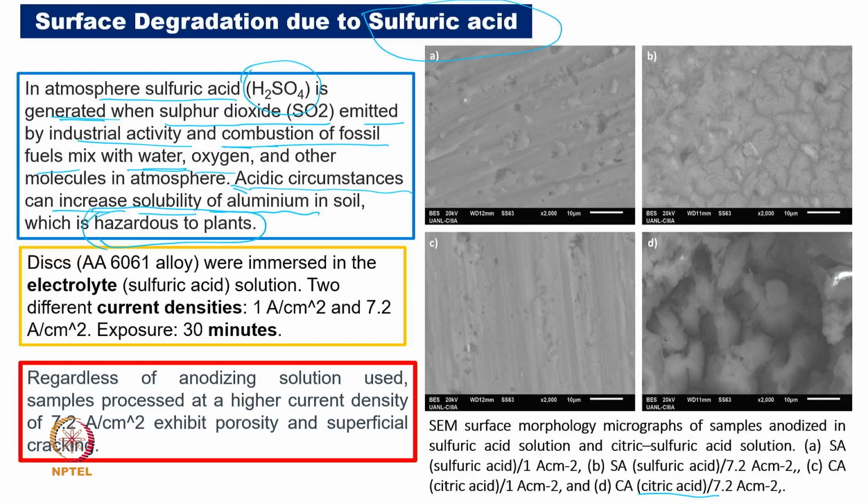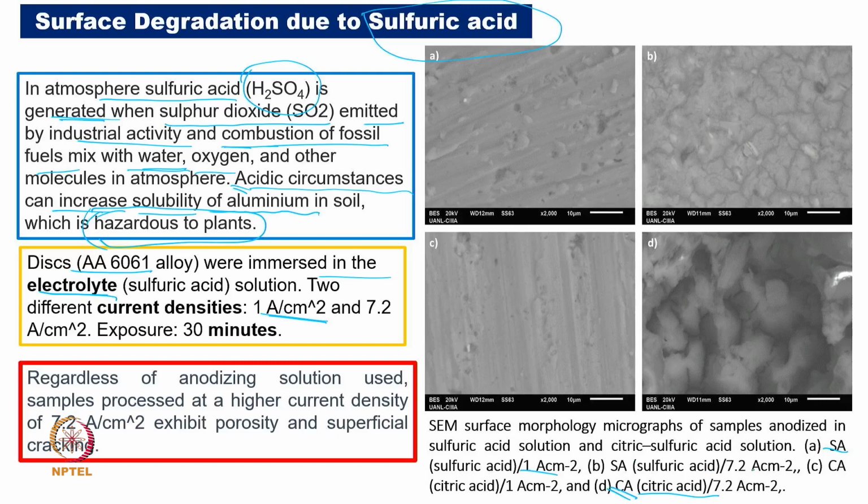So, in this study they used aluminum alloy 6061, with some sort of electrolyte in the sulfuric acid, and in this case four solutions were used. SA is sulfuric acid, CA is citric acid. A has sulfuric acid with a current density of 1 ampere per centimeter square.